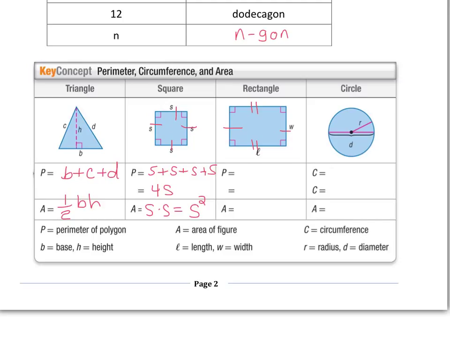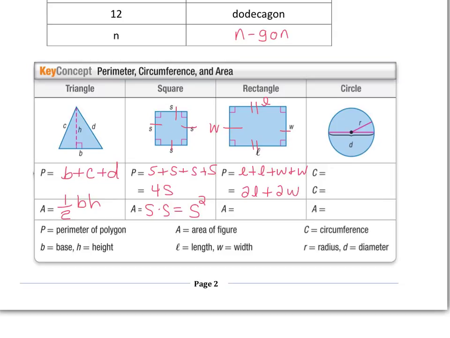And right here, if we have one side being L, then the opposite side is L, and one side is W for width, then the opposite side is width, and we could say that the perimeter is L plus W plus L plus W, and we can simplify that to 2L plus 2W. Most people have seen that before.